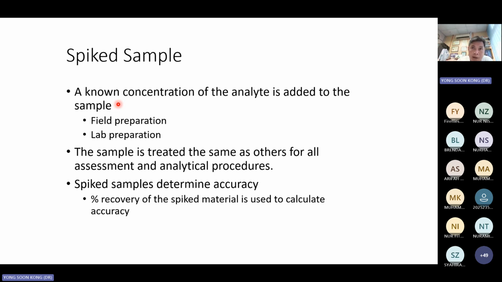Kalau letak 1 miligram, dia kena dapat 1 miligram. Kalau dapat 1 miligram, that means the percent recovery is 100%. 1 miligram masuk, 1 miligram detected. 100% percent recovery. So once again, I've just mentioned to you a very important keyword, spike sample. Percent recovery is what you need to calculate from the spike sample.